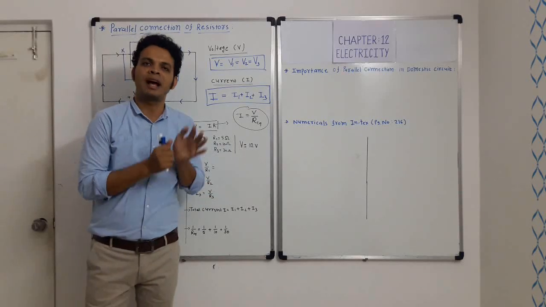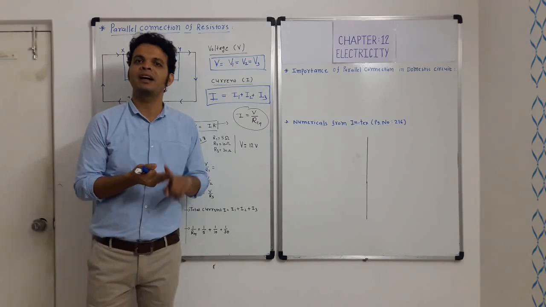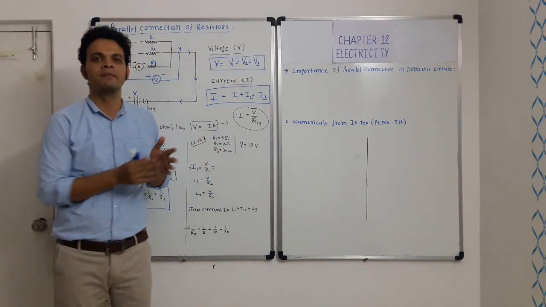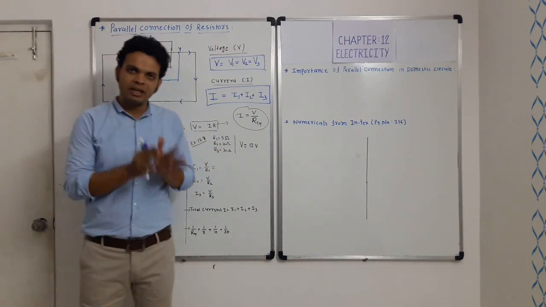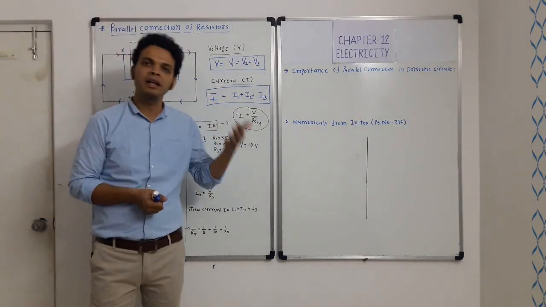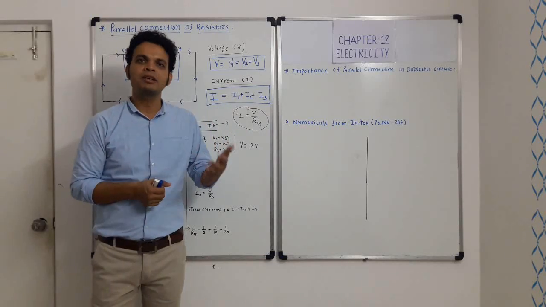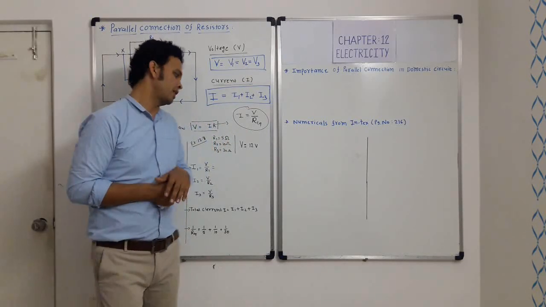In series connection, R equivalent is equal to R1 plus R2 plus R3. That was the equation. Here the equation for equivalent resistance is 1 upon R equivalent is equal to 1 upon R1 plus 1 upon R2 plus 1 upon R3.